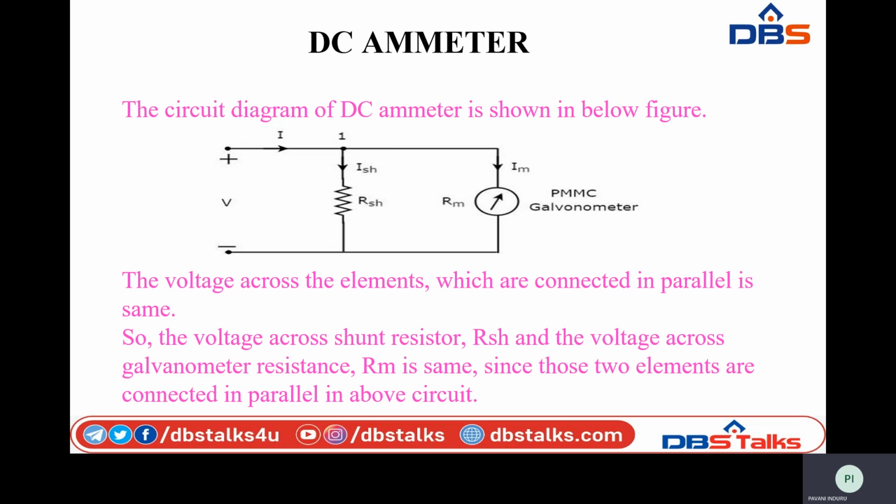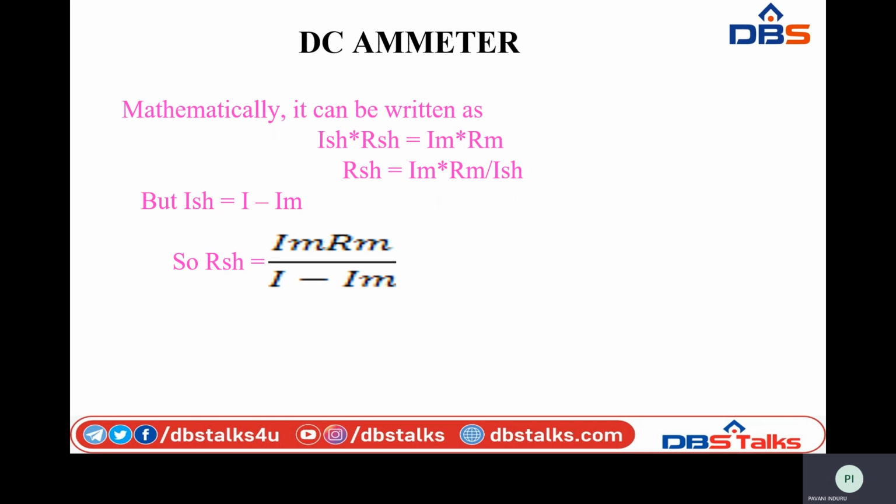So the voltage across the shunt resistor RSH and the voltage across the galvanometer internal resistance Rm are the same. Mathematically it can be represented as ISH into RSH equal to Im into Rm.